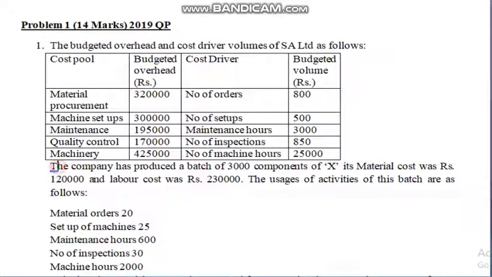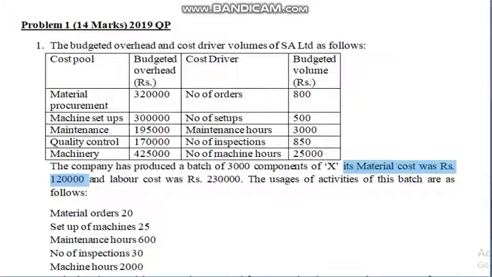Now the company has produced a batch of 3000 components of X, which means the company is producing 3000 units of product X, and its material cost was rupees 1,20,000.